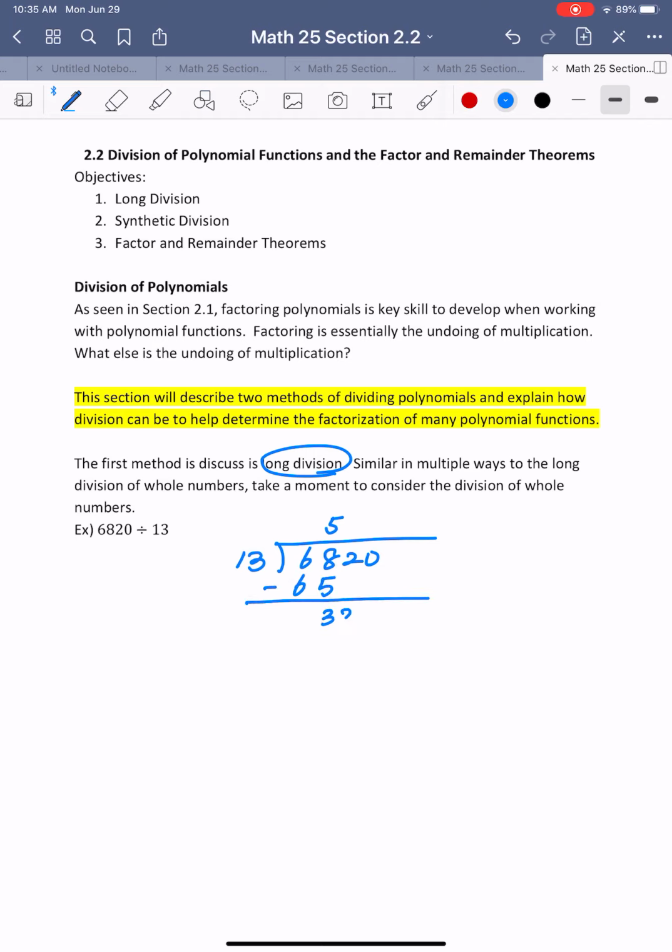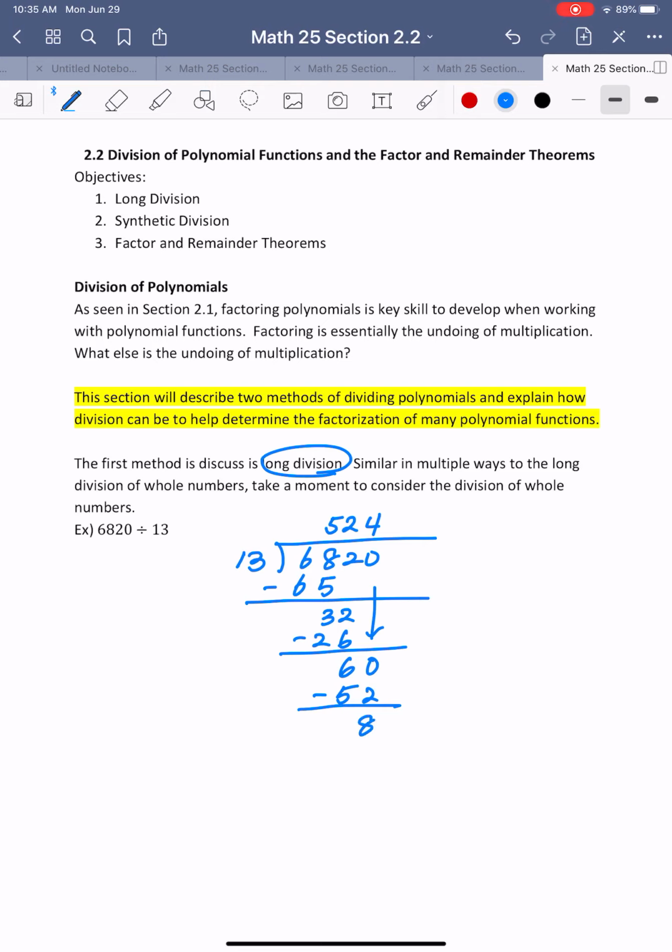Subtract, I got 3, bring down the 2, that's 32. Then 13 goes into 32 two times, which is 26. Subtract, that is 6. Then bring down the 0, and then I use 4, and that's 52. And then we got a remainder.